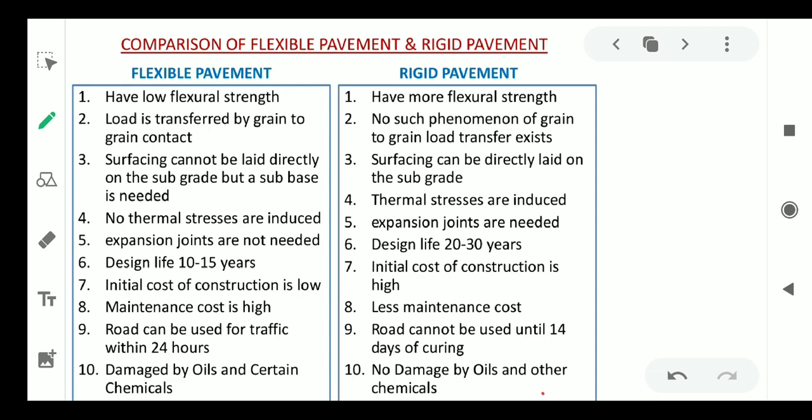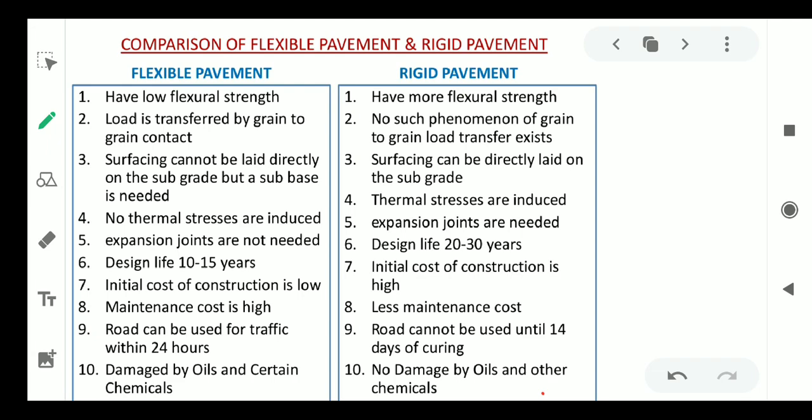Next one, expansion joints are not needed, and in case of the rigid pavement, expansion joints are needed. So due to the temperature variations, as we already discussed about point number 4, thermal stresses are induced in case of the rigid pavement.